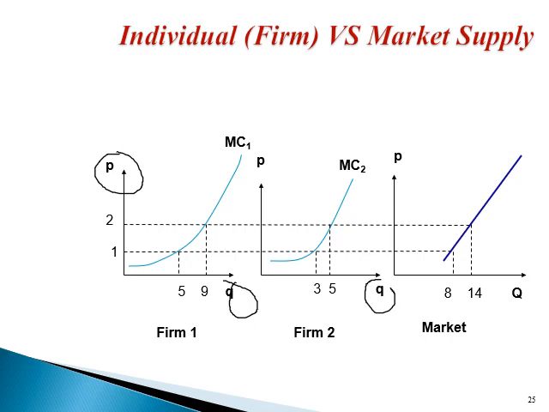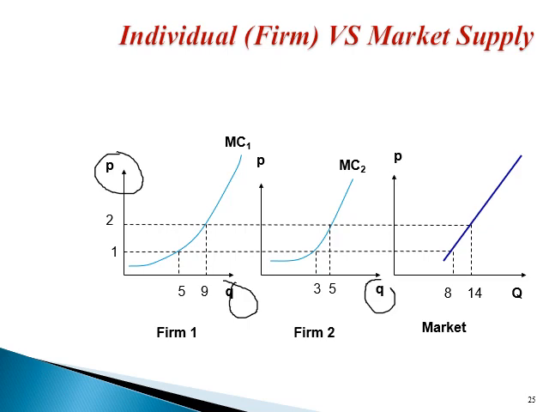When the price was $1, firm 1 supplied 5 kilograms, and firm number 2 produced 3 kilograms. When the market price increased to 2, firm number 1 produced 9 kilograms and firm number 2 produced 5 kilograms.